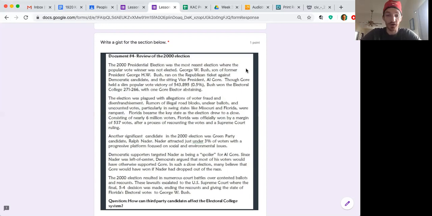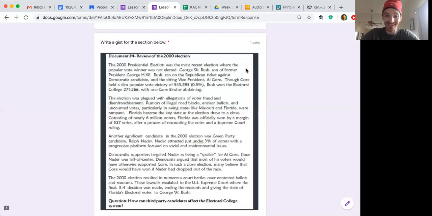Democratic supporters targeted Nader as being a spoiler for Al Gore. Since Nader was left of center, Democrats argued that most of his voters would have otherwise voted for Al Gore. In such a close election, many believe that Gore would have won if Nader had dropped out of the race.